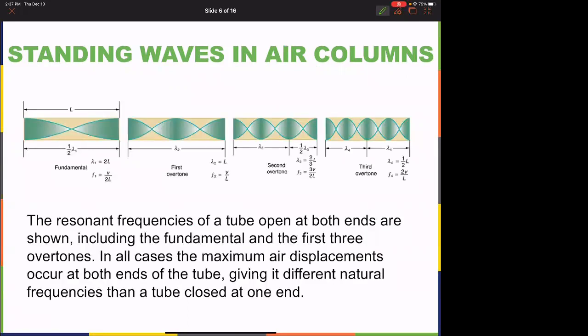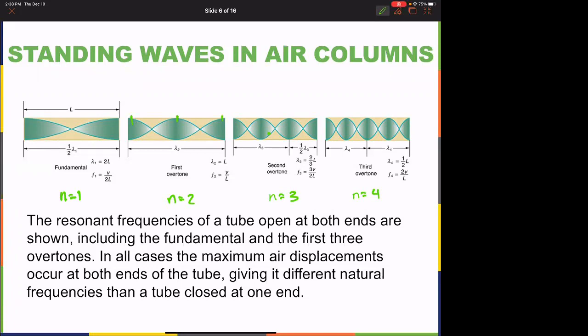Now for this one, you can see this would be n equals 1. It's just regular. So we would have 1, 2, 3 here. Here we'd have 2, right? If we add up our waves, we have 2 waves.